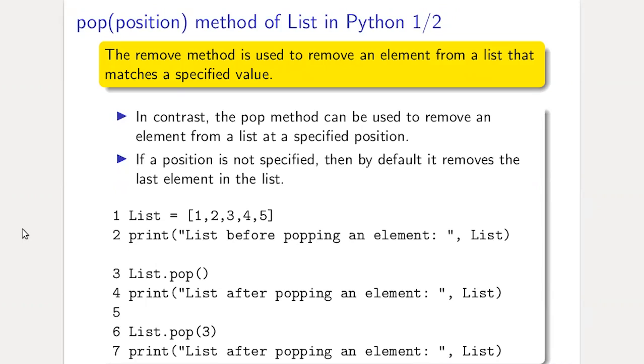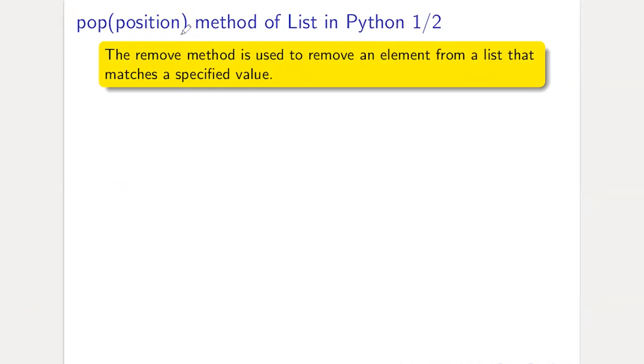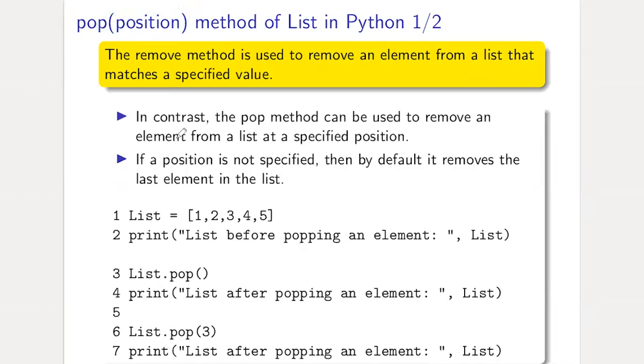Remember, in remove method, we gave a value, saying remove this value. In pop method, we say remove from this position. So this way, we can remove from the first position, last position, or any position by just specifying the position in the list.